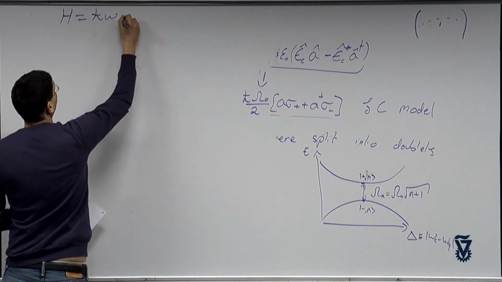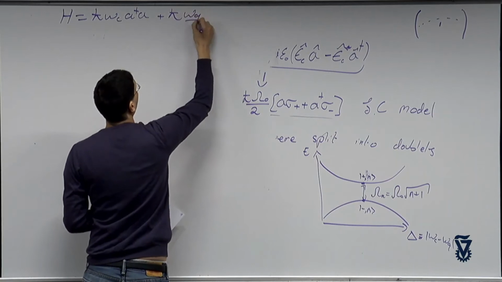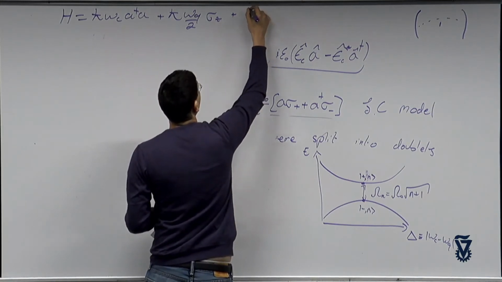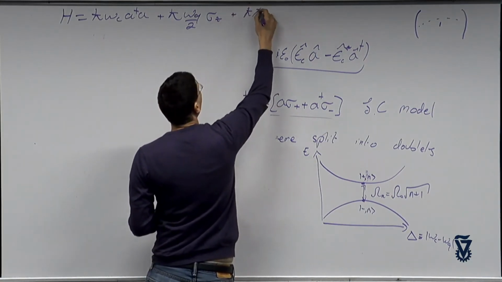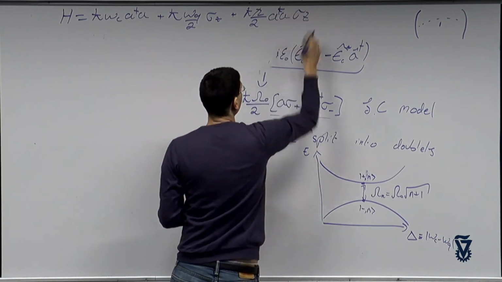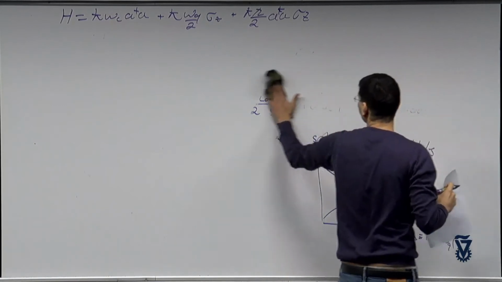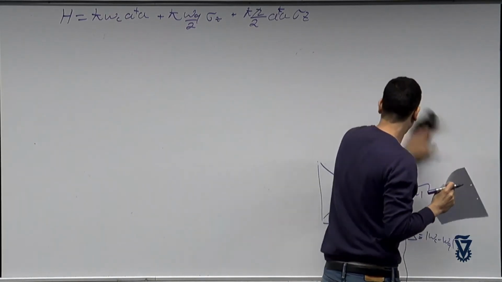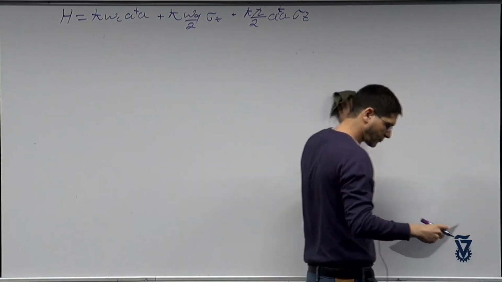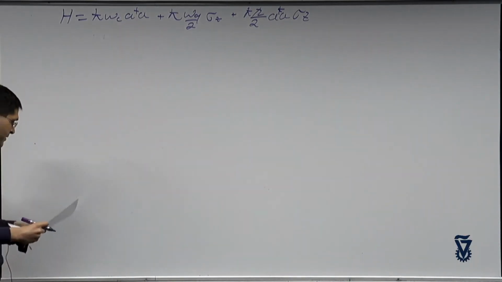We have h bar omega c a dagger a plus h bar omega q over 2 sigma z plus h bar chi over 2 a dagger a sigma z. So let's see what this looks like.